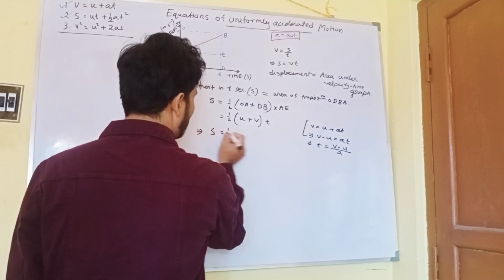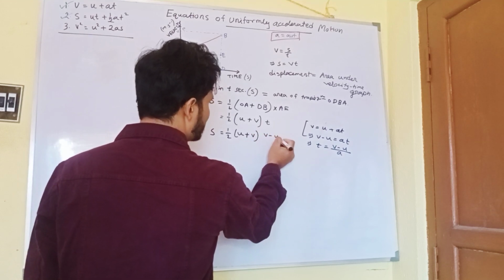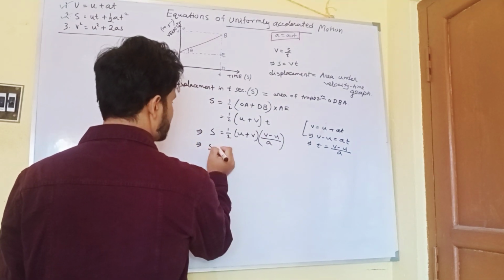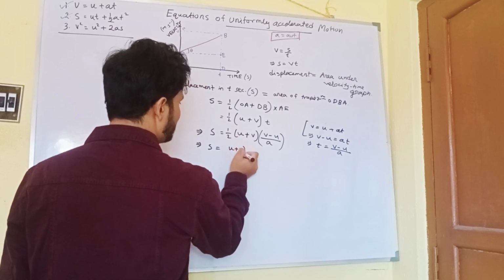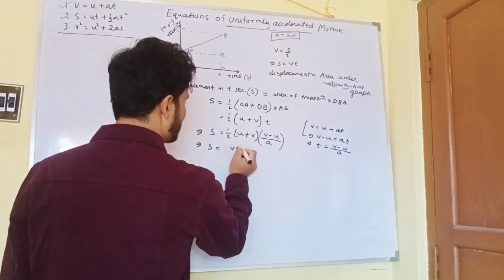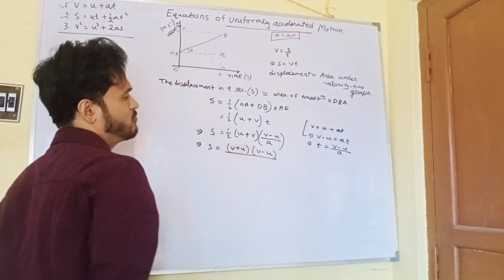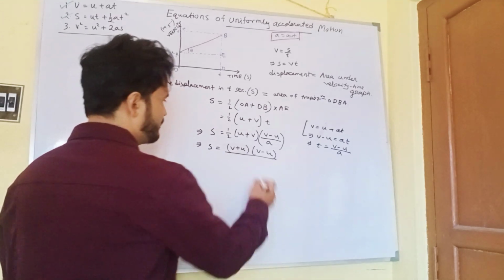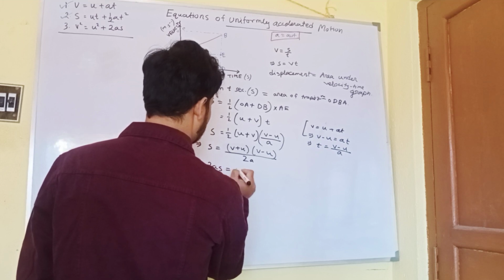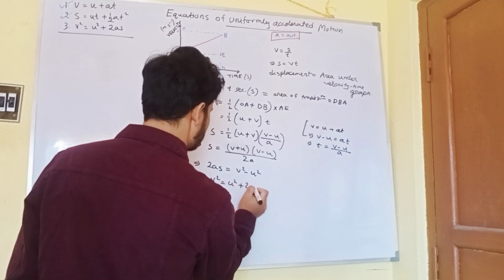S is equal to half, U plus V, into V minus U by A. So we have V plus U and V minus U, so that we can use one formula, that is A plus B, A minus B. So 2AS is equal to V square minus U square. So V square equal to U square plus 2AS.